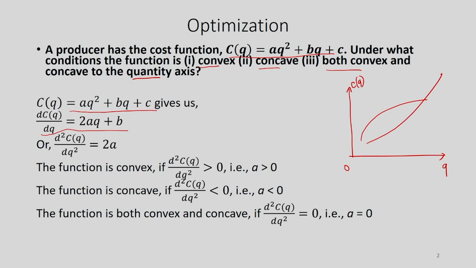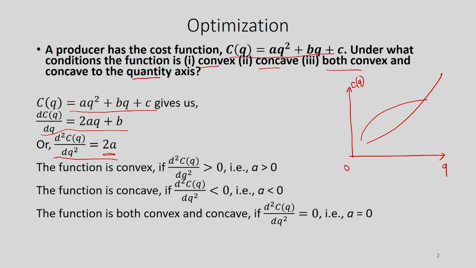From the first derivative I can differentiate once more, and I will get the second derivative, d square C(Q) by dQ square, and that will simply be twice a. So this is something we have found out.